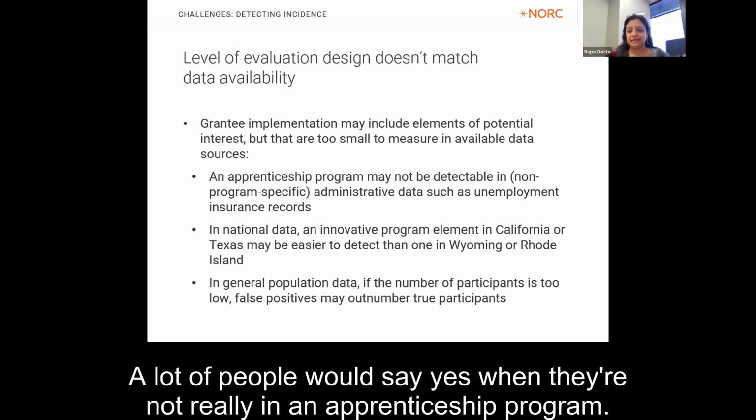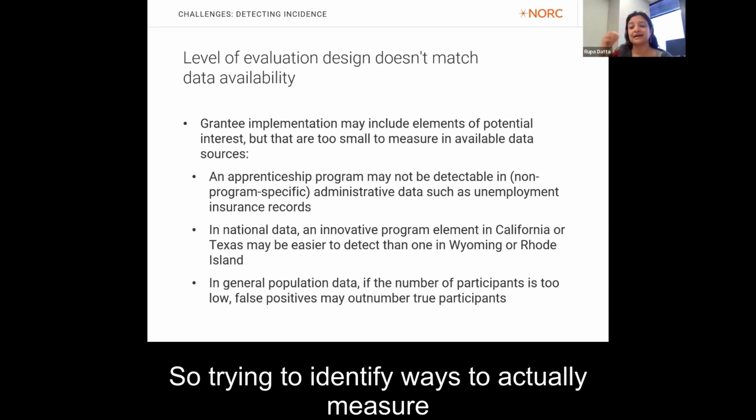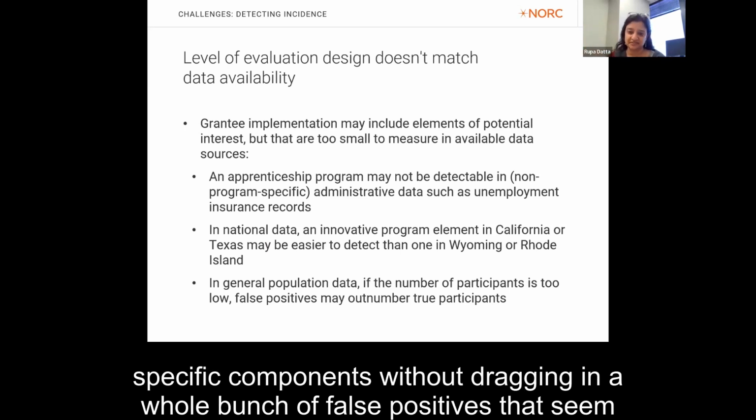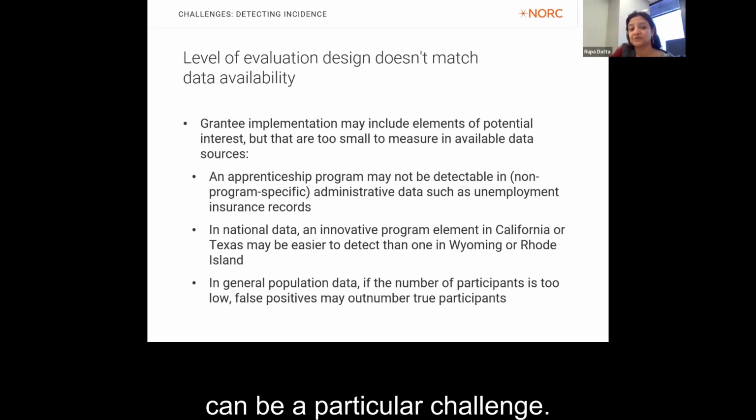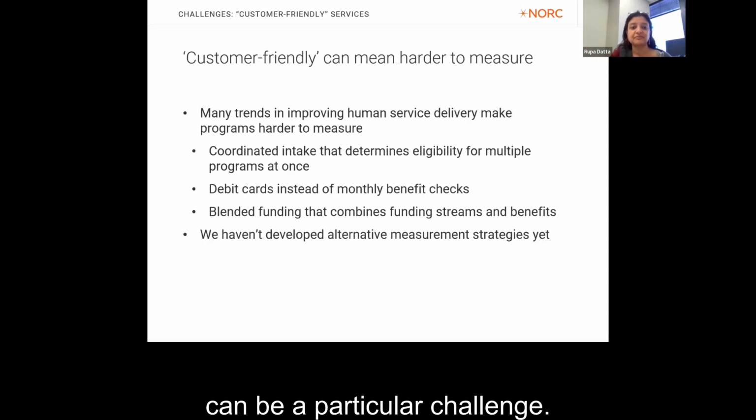A lot of people would say yes when they're not really in an apprenticeship program. So trying to identify ways to actually measure specific components without dragging in a whole bunch of false positives that seem like they meet the criteria but don't, can be a particular challenge.